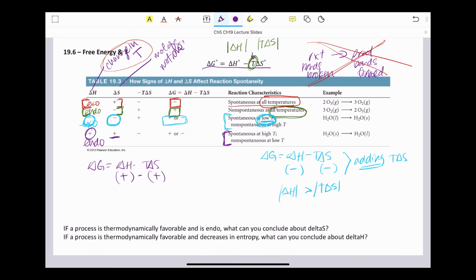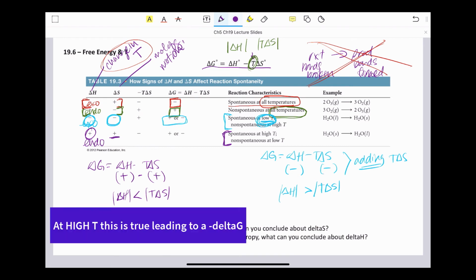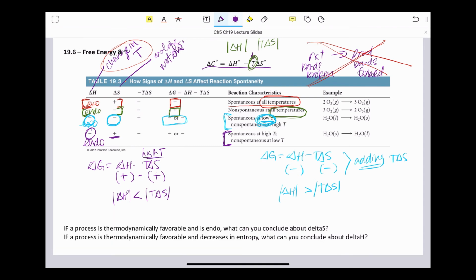Looking at absolute values again, although since they're all positive it doesn't really matter, when the magnitude of T delta S is larger than the magnitude of delta H, we can get a negative delta G, which means that when high temperature happens, we get a negative delta G. Whereas in the previous one, when low temperature happens, we have a negative delta G, okay?